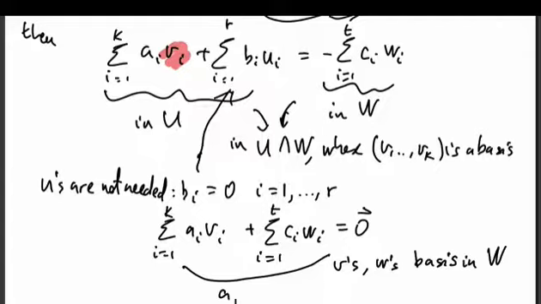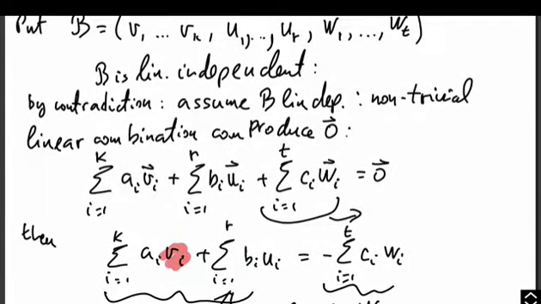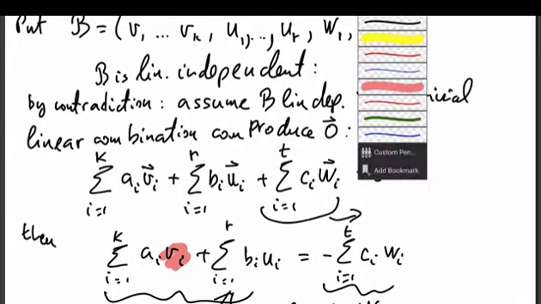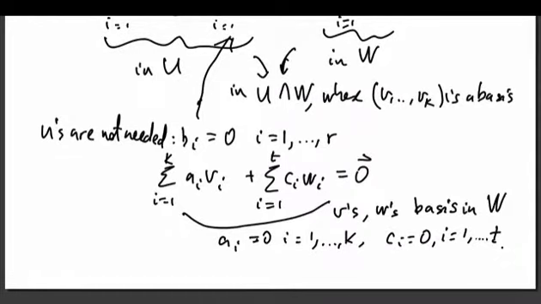So that means ai equals 0, i going from 1 through k, and also the ci's are zeros, i going from 1 to t. Going back to where we started, we assumed that B is linearly dependent, but then we got that the non-trivial linear combination is really trivial because all the coefficients are 0.